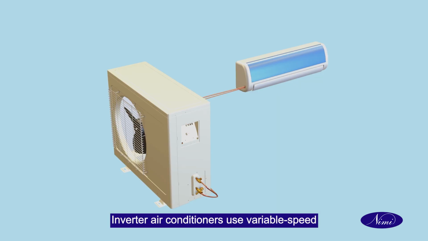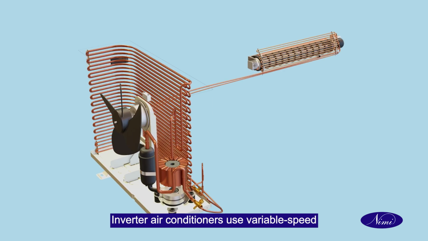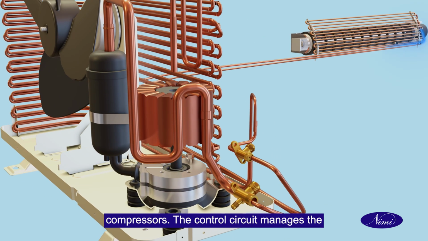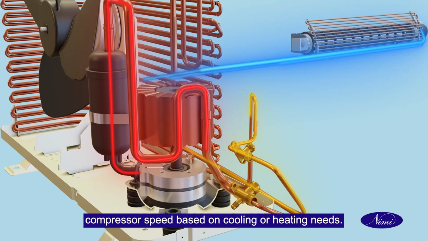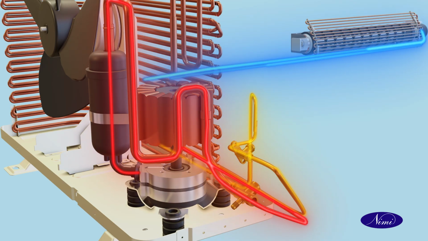Inverter air conditioners use variable speed compressors. The control circuit manages the compressor speed based on cooling or heating needs.